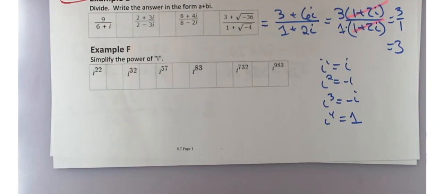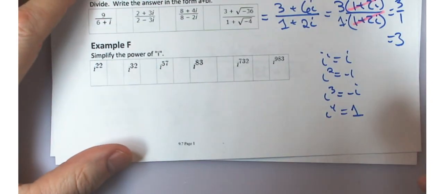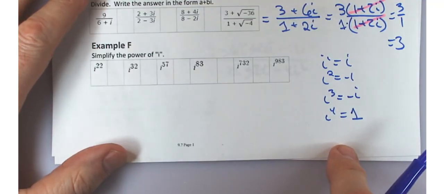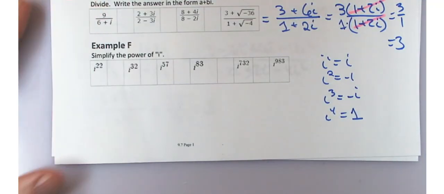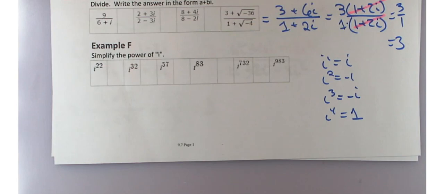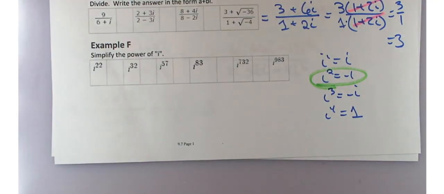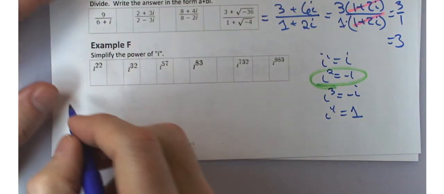Now, I used to teach it to people that you would memorize these things and then figure out things by powers of 4. But there's a nicer way to do this. This is the only thing you've got to remember, is that i squared is -1. Now, when you look at i to the 22, you might say, well, how does that help me?